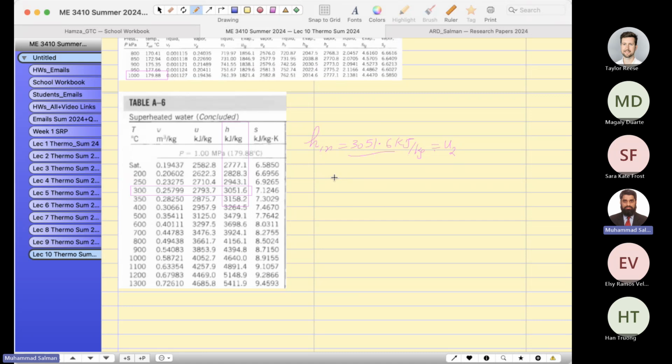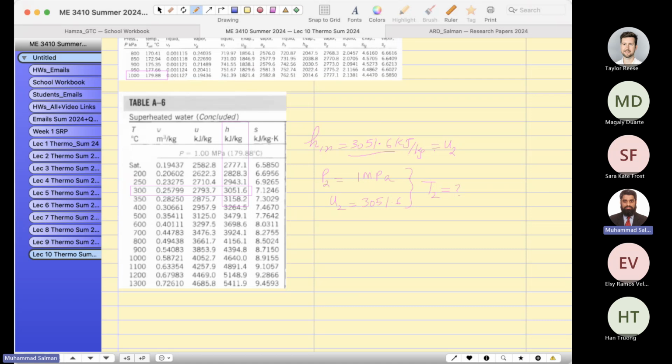So if you know U2 and pressure, can you find out T2 from the table?